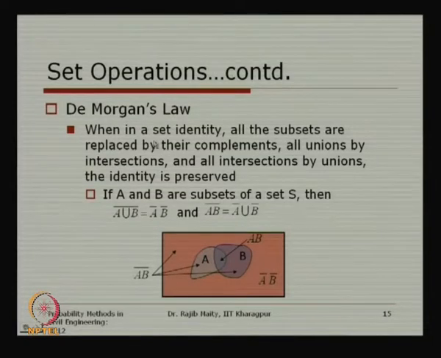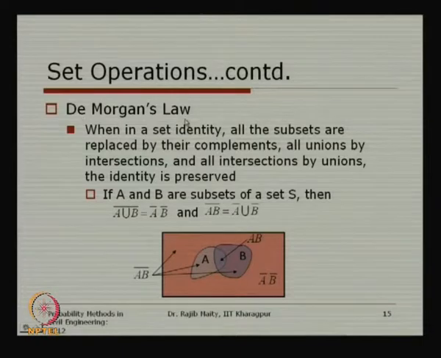Before I go to the next law, I should say that unions and intersections are also different set operations, which are very important, and that is covered, and the complements are also covered. Using these two things we will now explain a very important law known as De Morgan's law, which is very helpful for different kinds of operations on different sets.